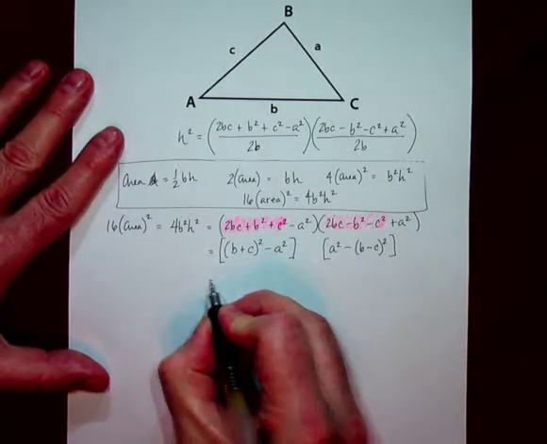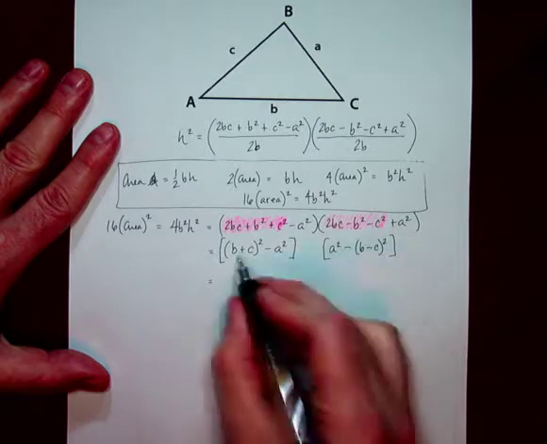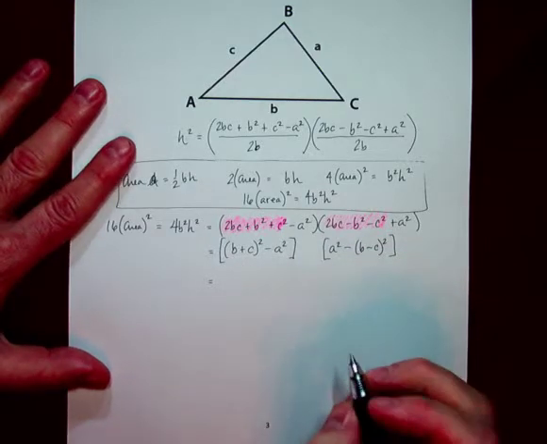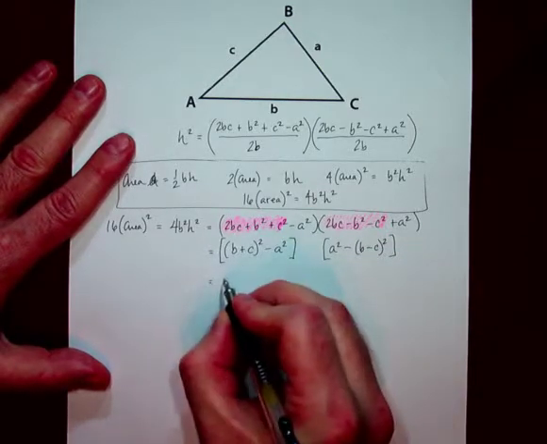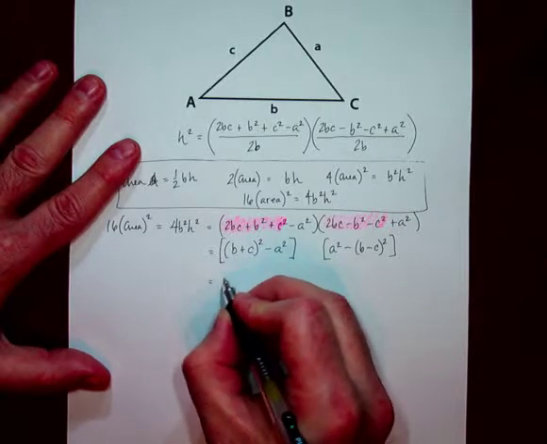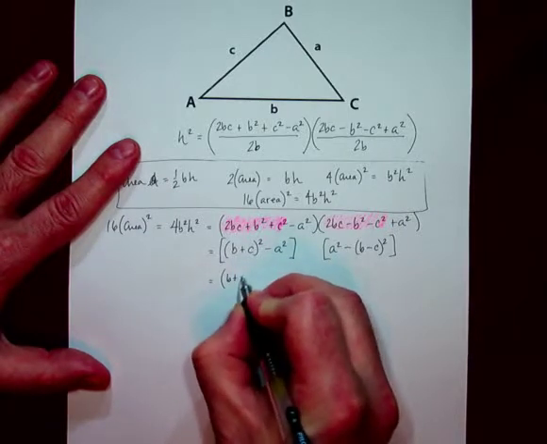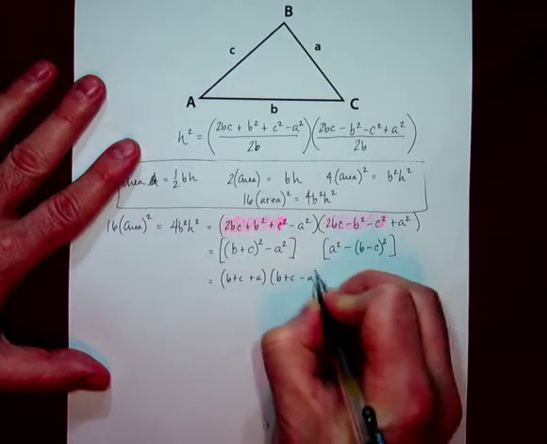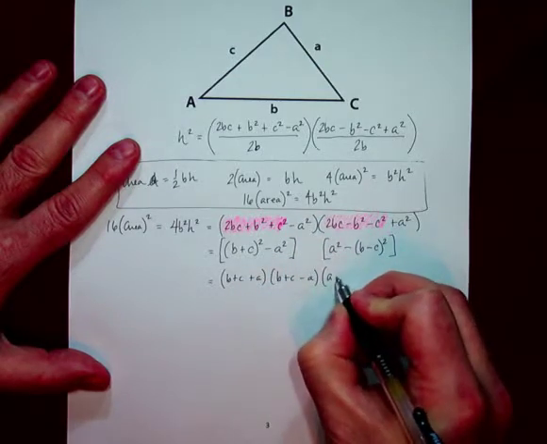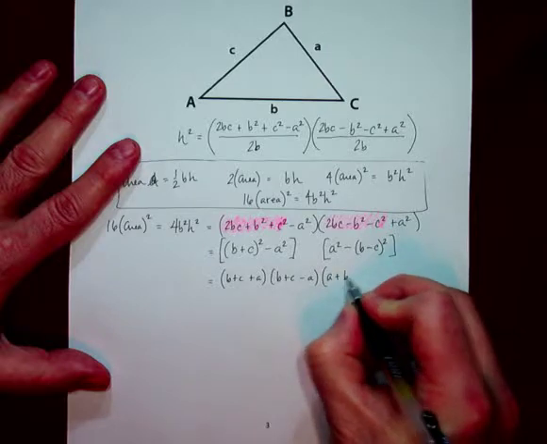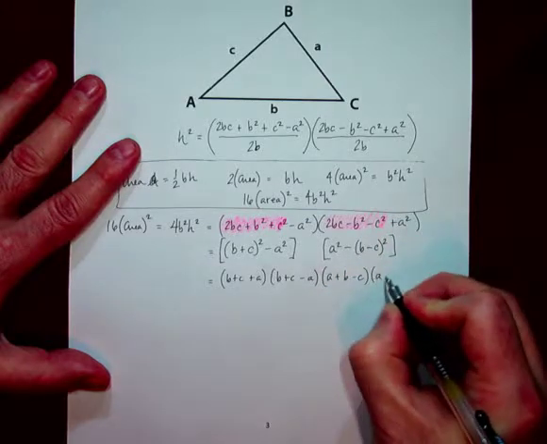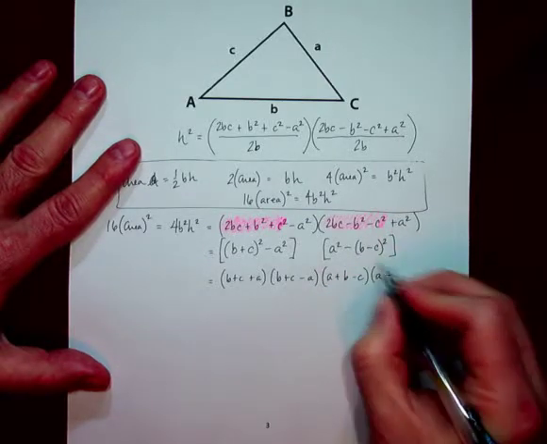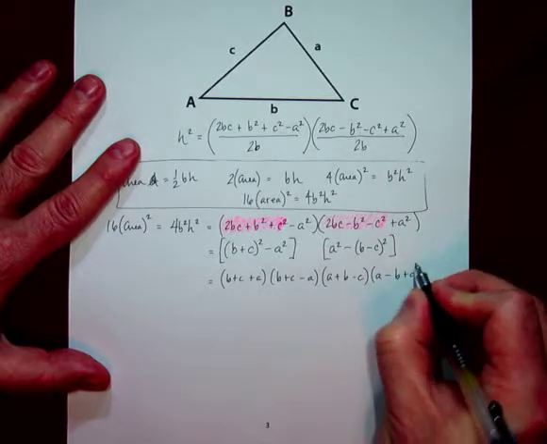And now I have two factors that are both the difference of two squares. And what's going to happen here is I'm going to get b plus c plus a, b plus c minus a, a plus b minus c, and then a minus b minus c, but you have to distribute the minus, and it winds up being that.